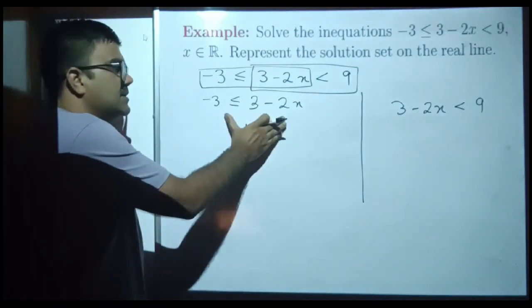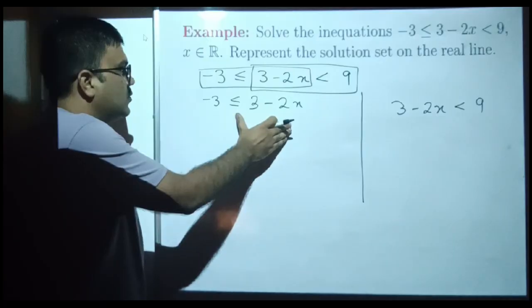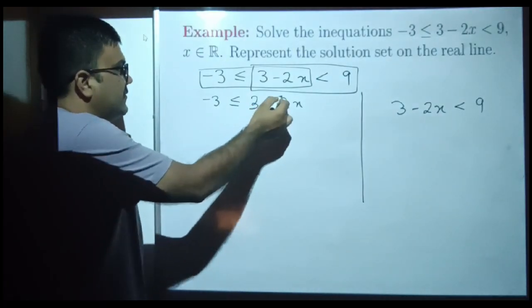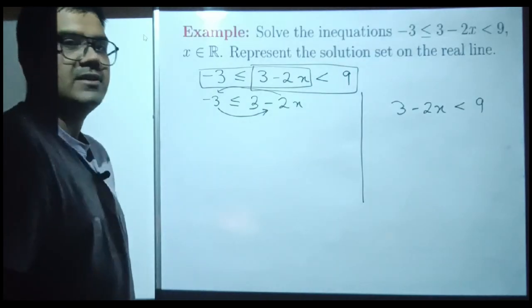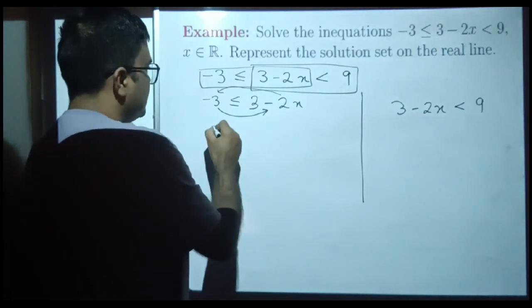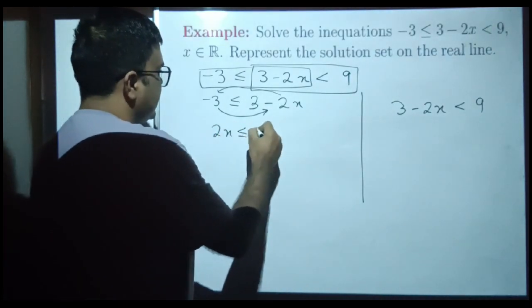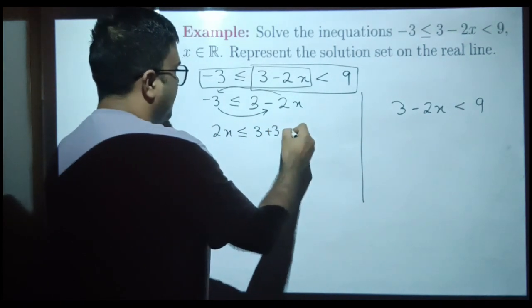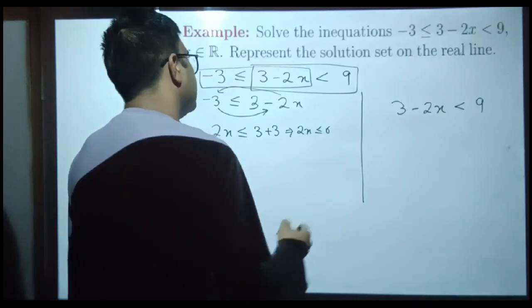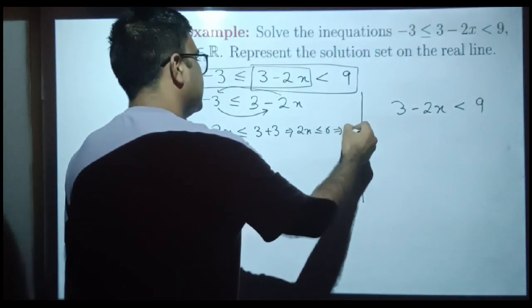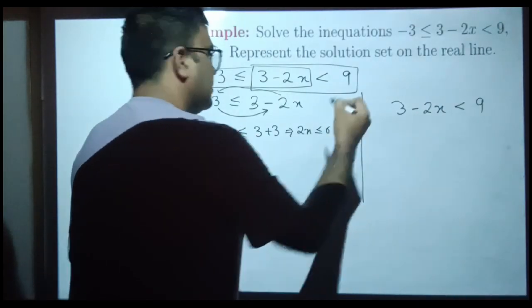If we solve this portion, we know how to solve this. We will shift this term to this side, we will send this term to this side. We are using transposition. So we will get 2x is less than or equal to 3 plus 3, and this implies 2x is less than or equal to 6, and this implies that x is less than or equal to 3.